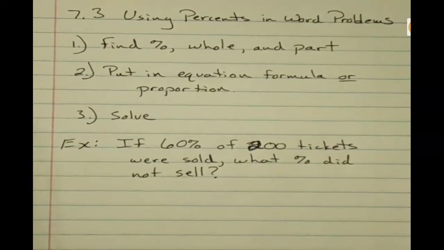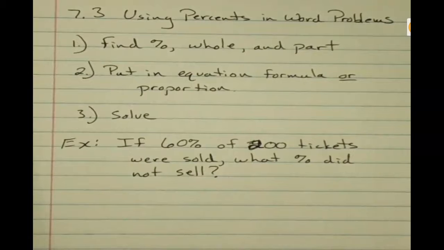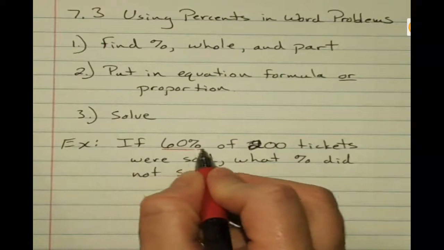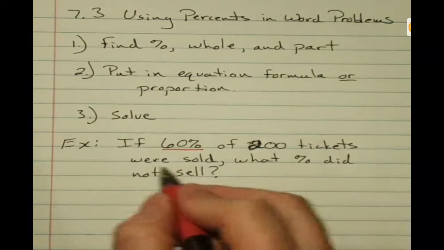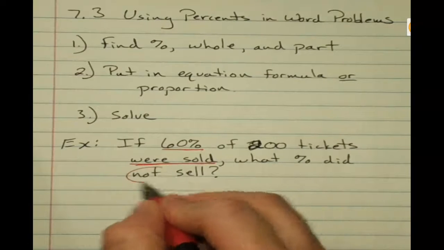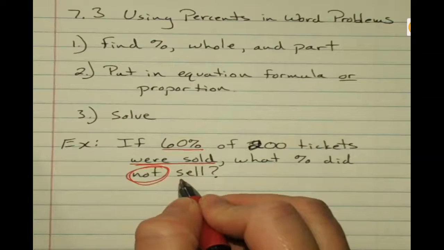Tanner? Can I solve it? Yeah. Okay. So I think you would put 200 on the bottom as a denominator. You actually don't have to do that. Now think about this. If 60% of the tickets were sold, what percent did not sell?